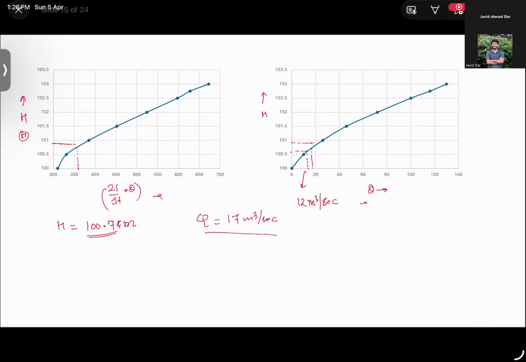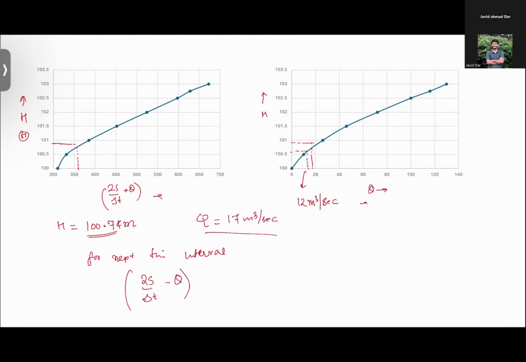So once you compute H and Q, for the next time step interval, 2S upon delta T minus Q will be: earlier it was 356, minus 2 times the discharge, and this is going to be 322 meter cube per second.